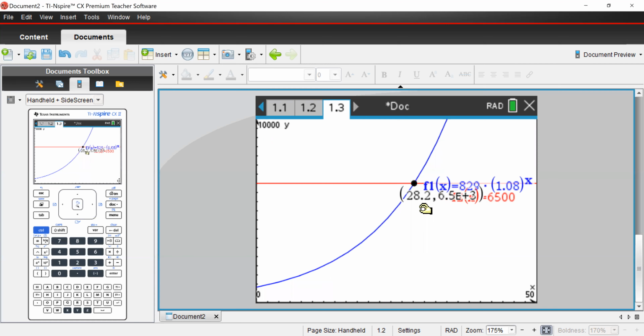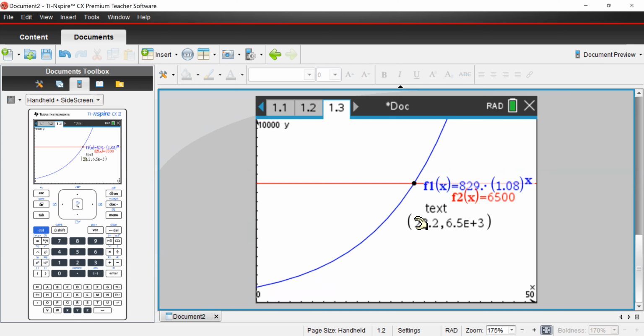So it says 28.2. That means 28 years after 1990, which would be 2018. In the year 2018, according to the model, college tuition would cost $6,500 per semester.